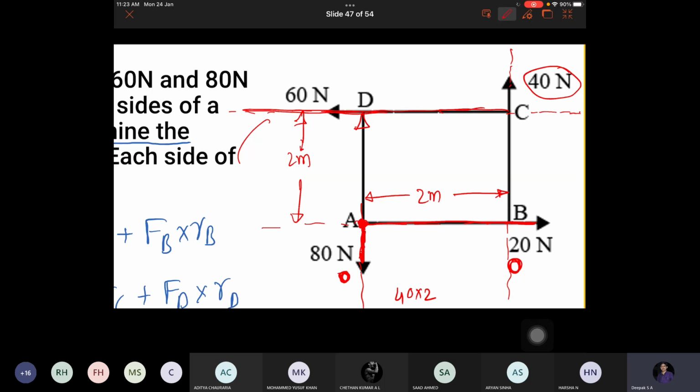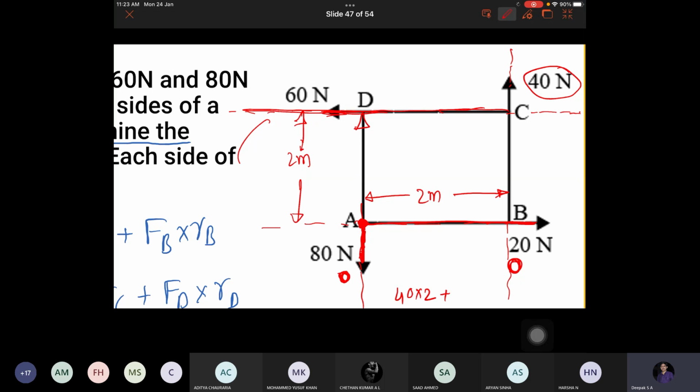If you rotate in this direction, in which direction will it go? Or you can think like you are having a steering with this as center. If you rotate along this direction, in which direction is it going? Anti-clockwise. So anti-clockwise means it is positive. Is it correct?